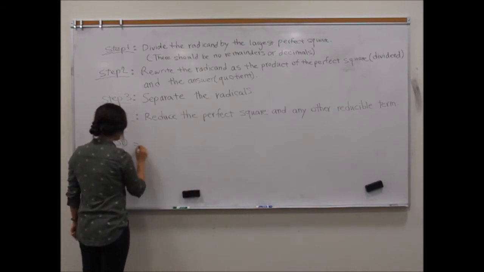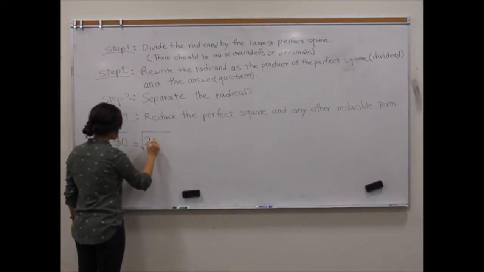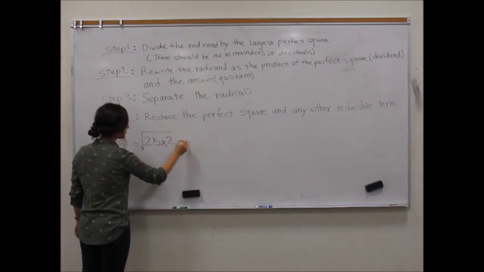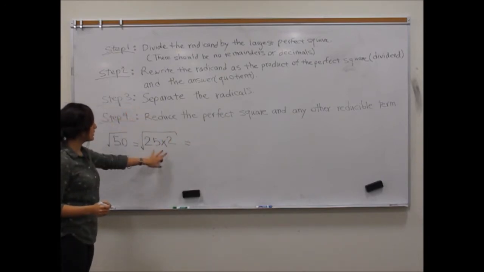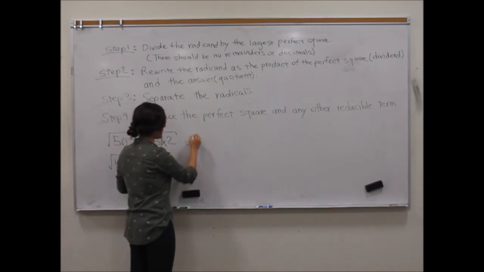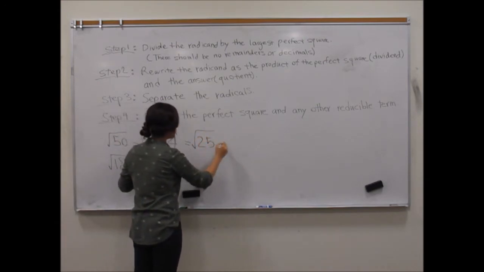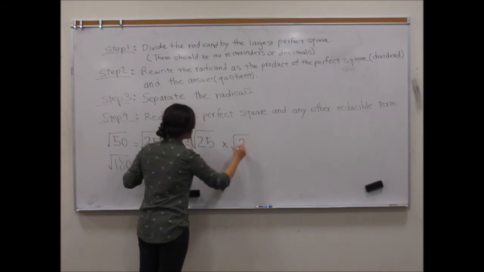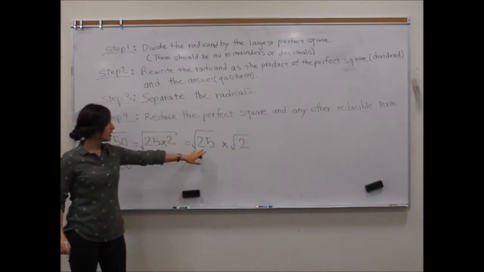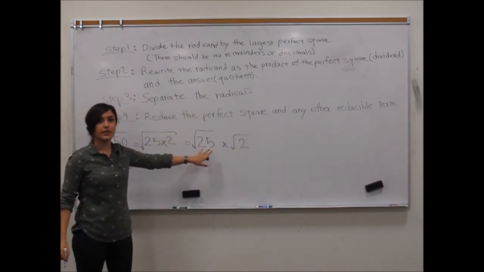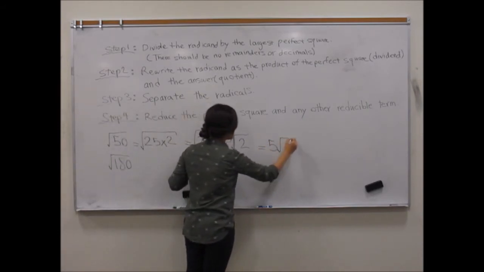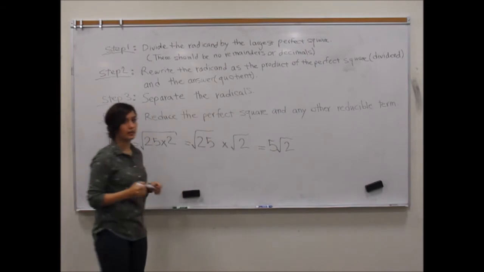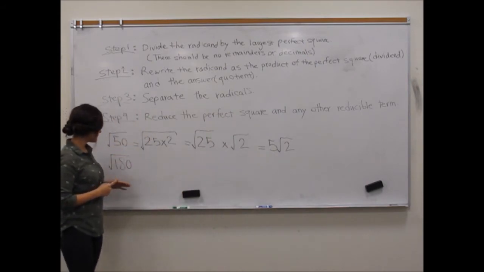So that would be rad 25 times 2. And then in step 3, I'm going to separate the radicals. So I have 1 radical here, but I'm going to break it down into 2 separate radicals. And rad 25 is a perfect square, so I can write it as 5, and then rad 2 cannot be simplified anymore. So this is for this example.